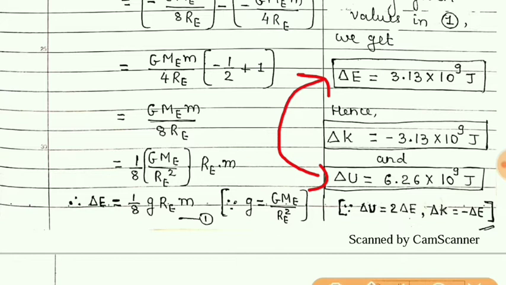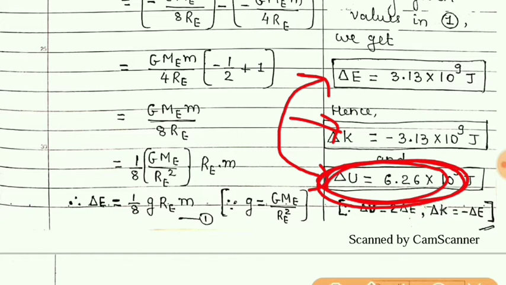Here the change is asked, and the change was positive for total energy as well as for the change in potential energy. So kinetic energy is negative. In your textbook, this change in potential energy is given as negative, but students, it is not negative, it will be positive.